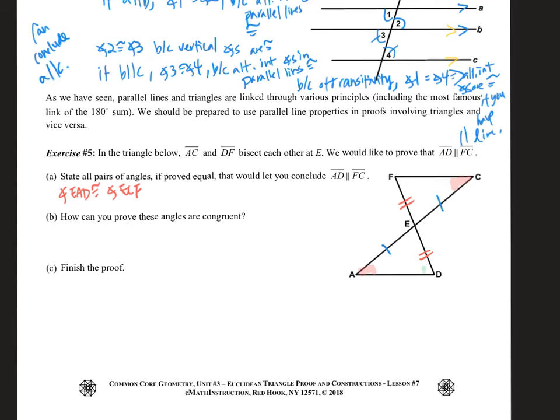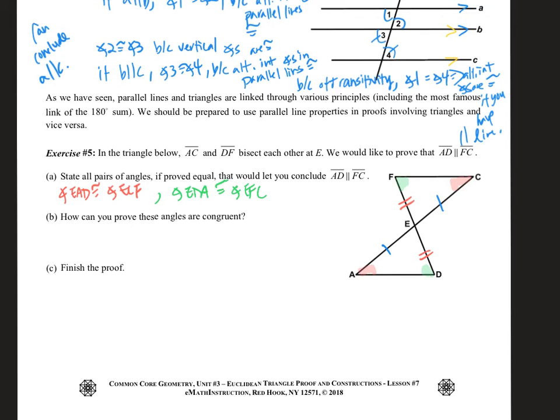So we have this angle, and it's alternate interior angles with that. And so if we knew EDA was congruent to EFC, that would also help us out a lot. So how can we prove these angles are congruent?